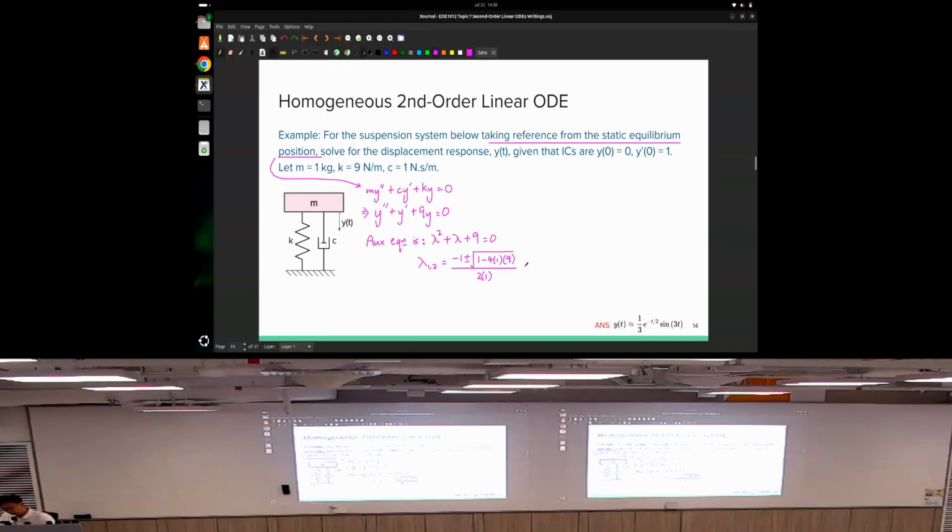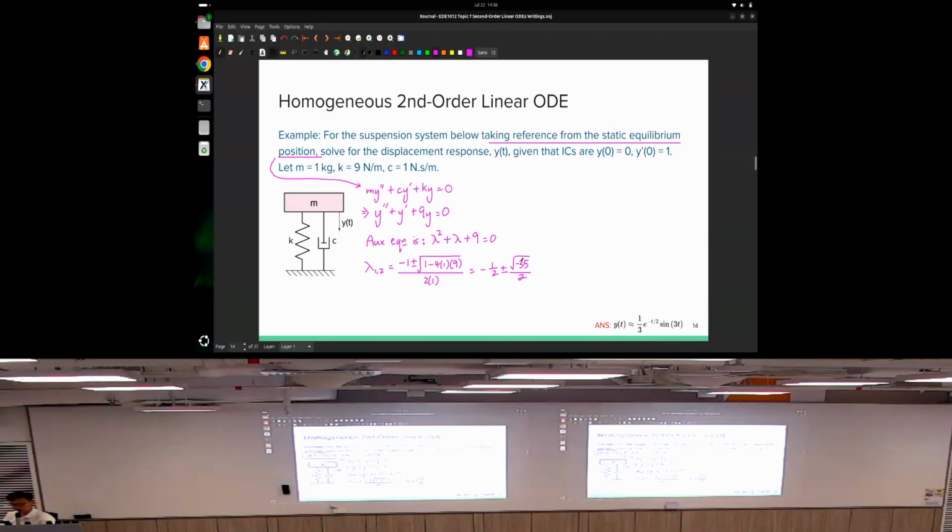So this is going to be minus half plus minus root of 1 minus 36. That is minus 35, so root of minus 35, divided by 2. Agree or not?